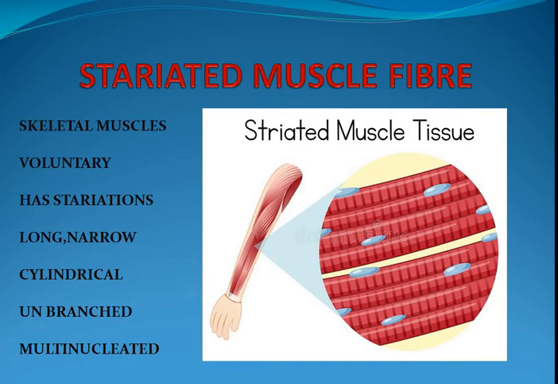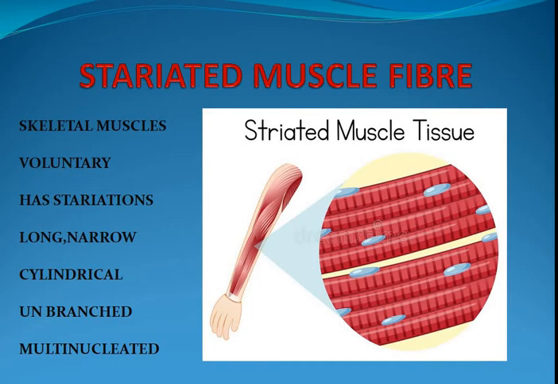They are long, they are cylindrical, and they are unbranched. So we can say they are long, narrow, cylindrical, and unbranched. They are also multinucleated. That means they have many nuclei, and the nuclei are placed towards the periphery.